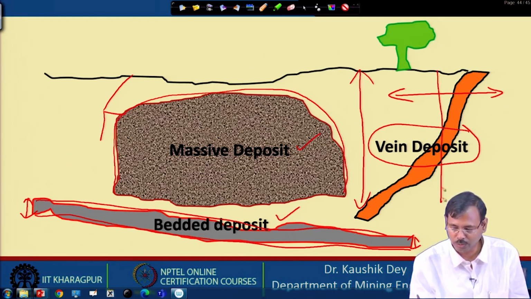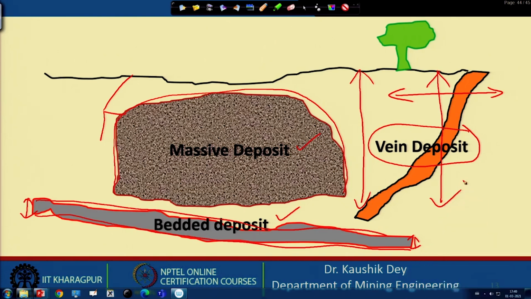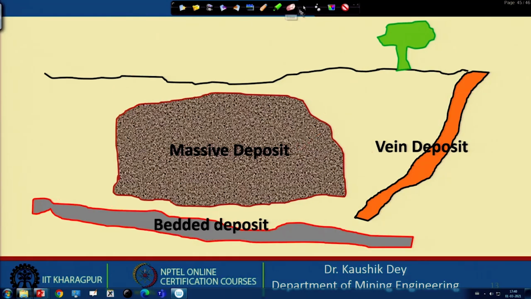In a vein deposit, the vertical dispersion is much more, but the horizontal dispersion is not that significant. So, these are the basic characteristics of the three deposits: massive deposit, bedded deposit and vein deposit.